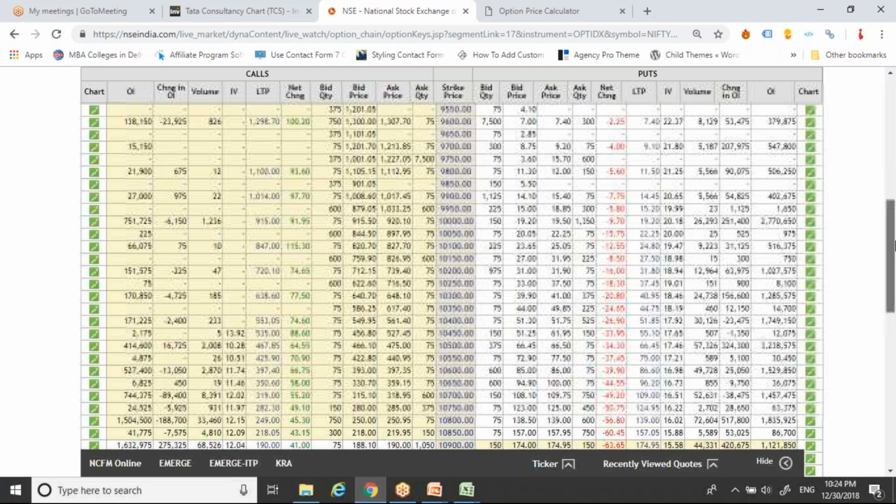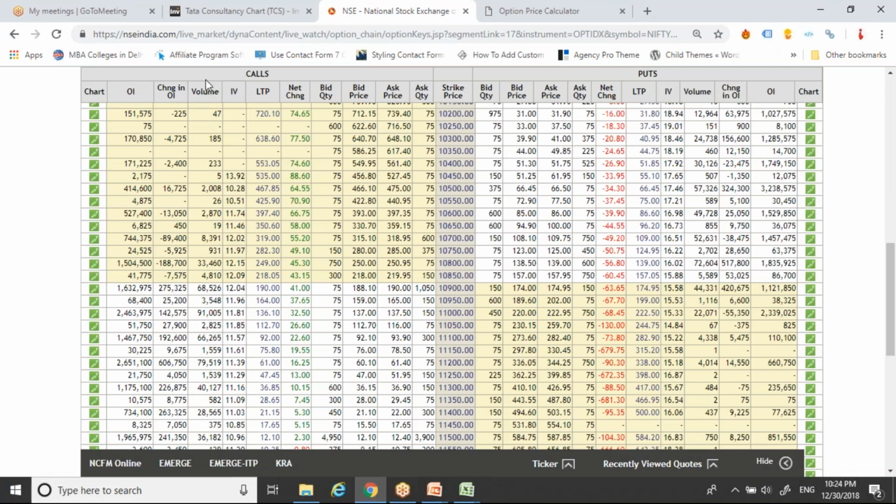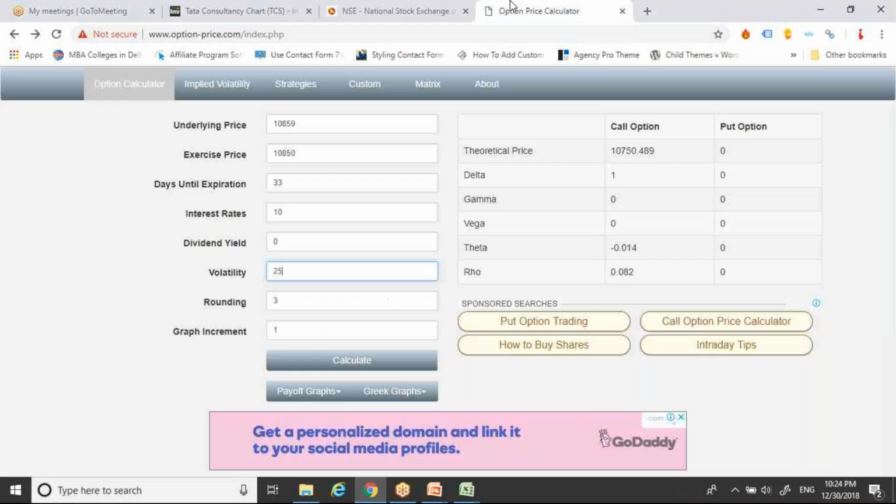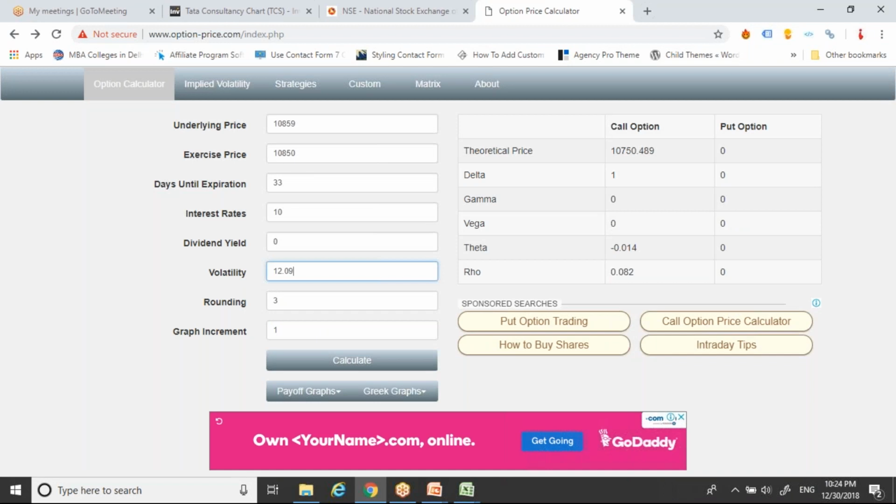So we are checking 10,850. The IV, this is implied volatility, is around 12.09. Now we are using the Black-Scholes model to calculate the value of the option, and with Black-Scholes we can get the delta, vega, theta, rho, and gamma. I'm rounding it to calculate.